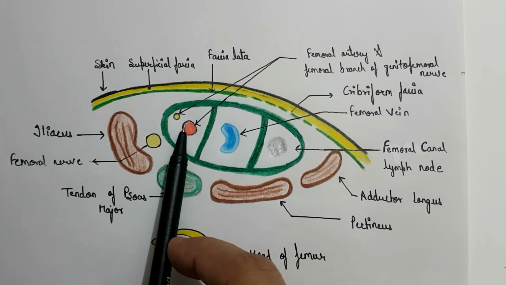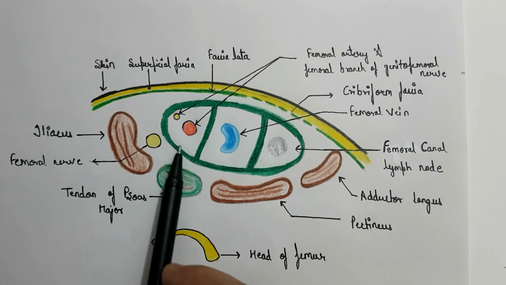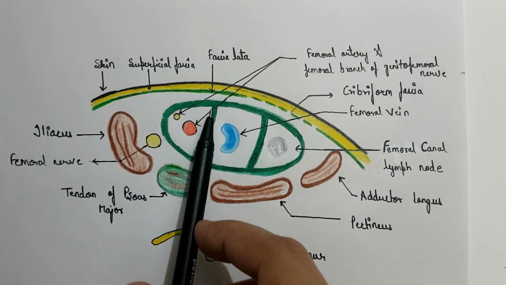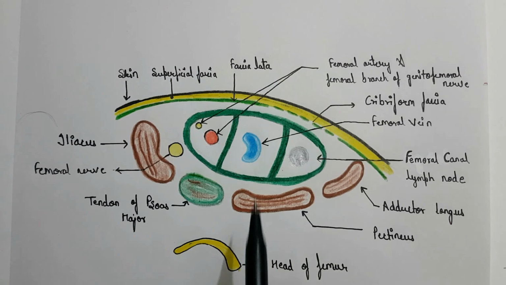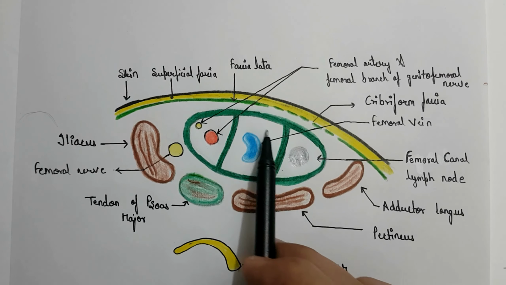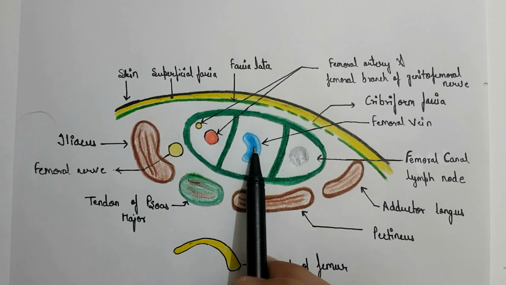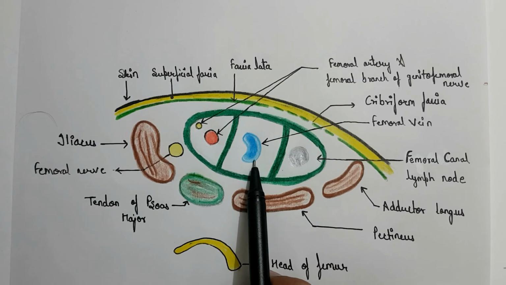The femoral artery is the reason why this compartment is also known as the arterial or the lateral compartment. The intermediate or the venous compartment has only one structure, that is the femoral vein, and that's why the name the venous compartment. This right here is the venous compartment of the femoral sheath having the femoral vein. This is the femoral vein.